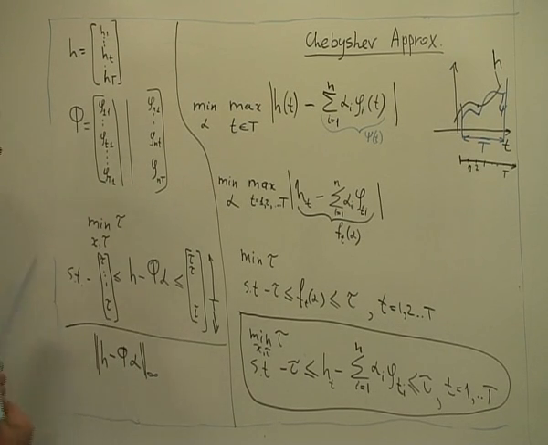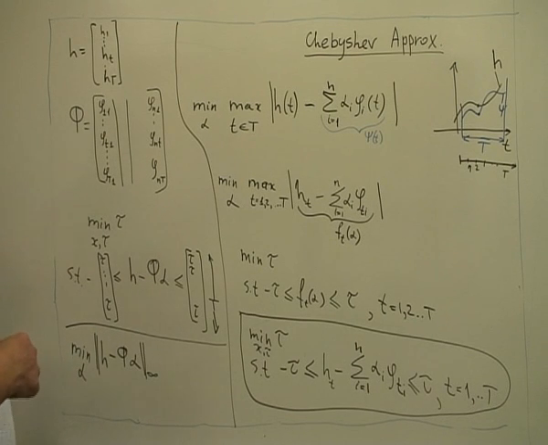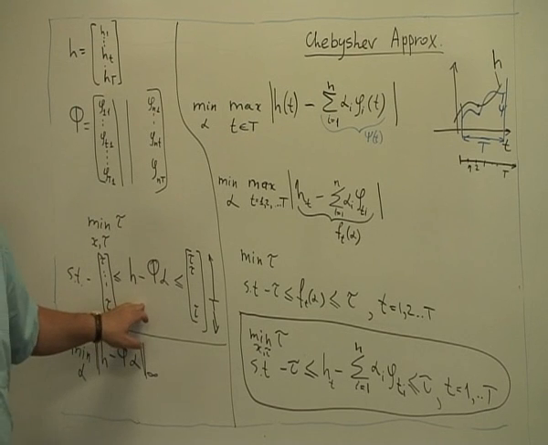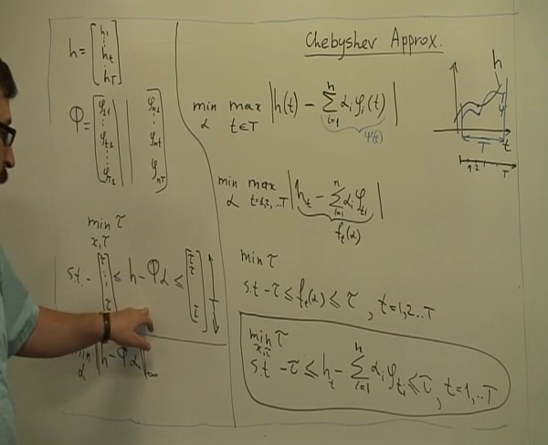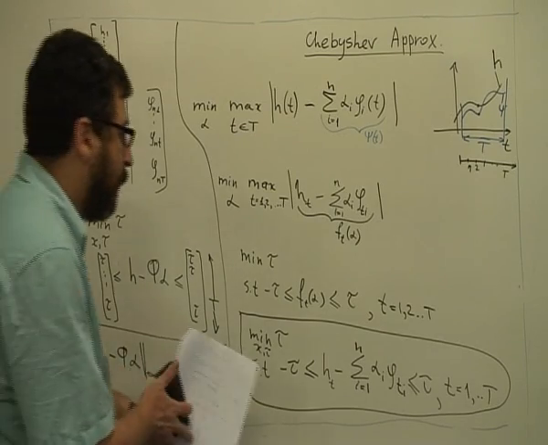So our problem in the shortest way may be formulated as: minimize over alpha the infinity norm of phi alpha minus h, and as we already said, this can be solved by a linear program.